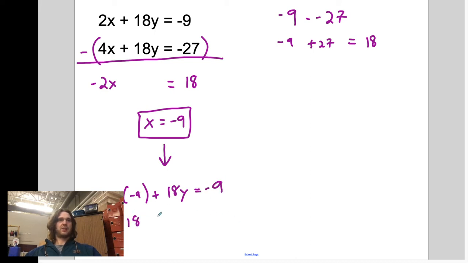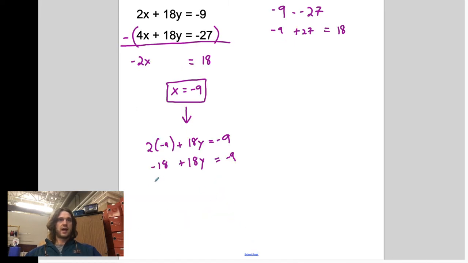Negative 18 plus 18y equals negative 9. Add 18 to both sides, and you'll get 18y equals negative 9 plus 18 is 9. Divide by 18. y is 9 over 18, which simplifies to 1/2.